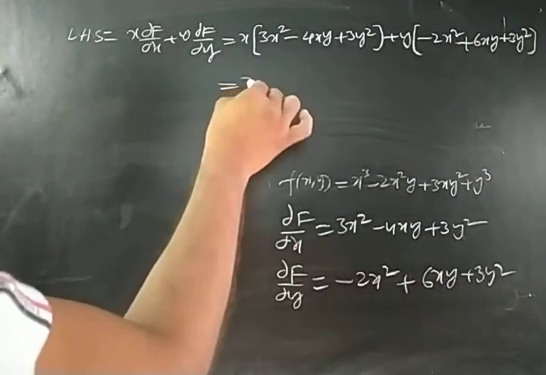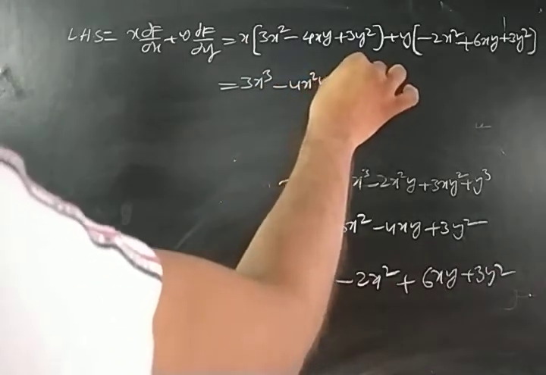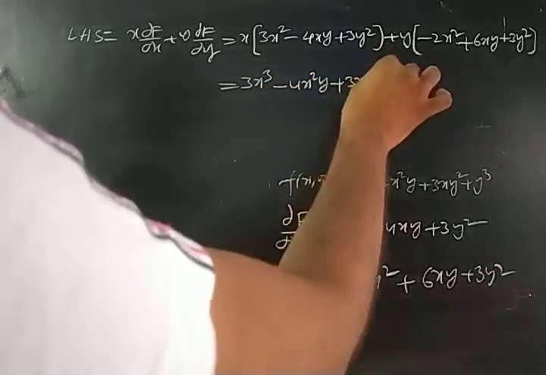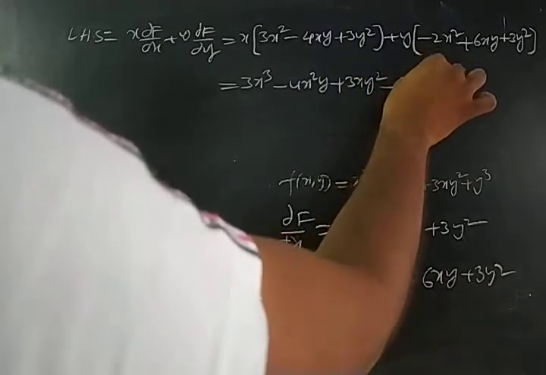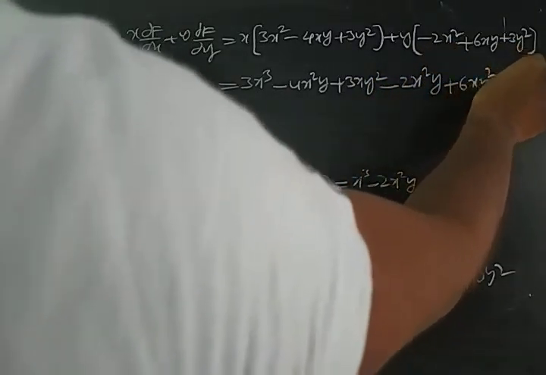Now you will get 3x cube minus 4x square y plus 3xy square minus 2x square y plus 6xy square plus 3y cube.